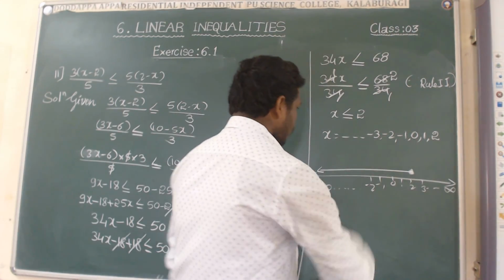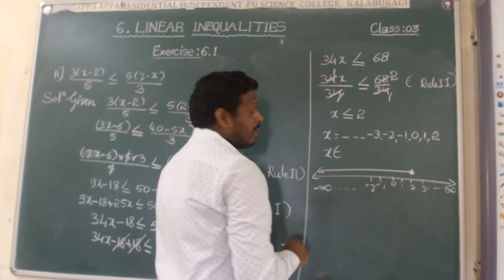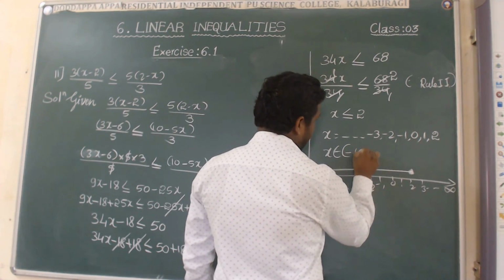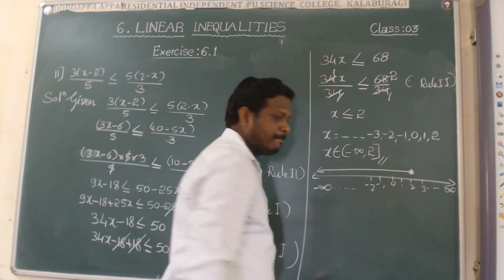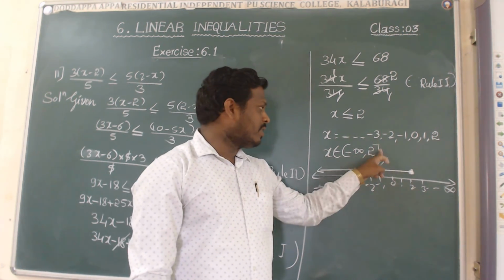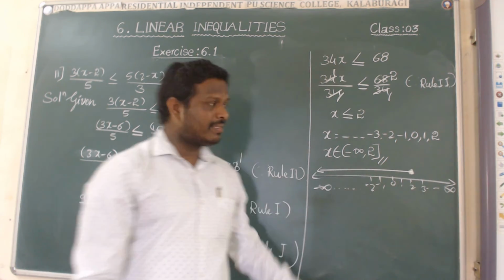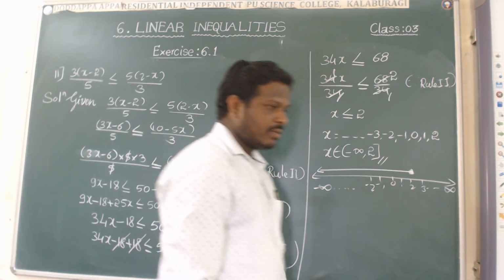Getting this only. How can we write it in real numbers, that is minus infinity to 2 closed interval. Here the value of x excludes minus infinity and includes the 2 also. I wrote here 2 also. This is the required solution for the 11th one. Getting?